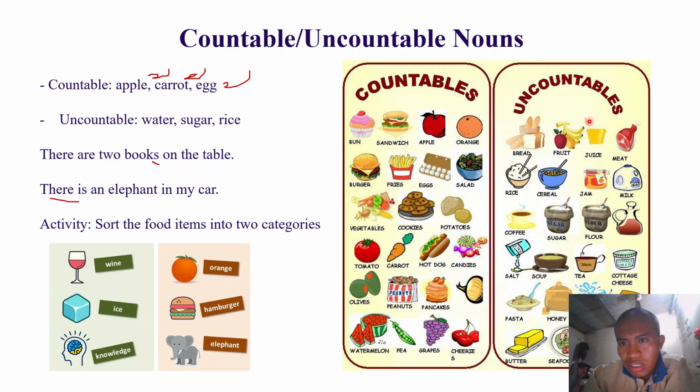On the other hand, you see uncountables: bread, fruit, juice, meat, rice, cereal, jam, milk, coffee, sugar, flour, salt, soup, tea. We never say soups. We never say sugars. We avoid saying rices, jams, milks. So we have to be careful with this because you never add S at the end of those words.